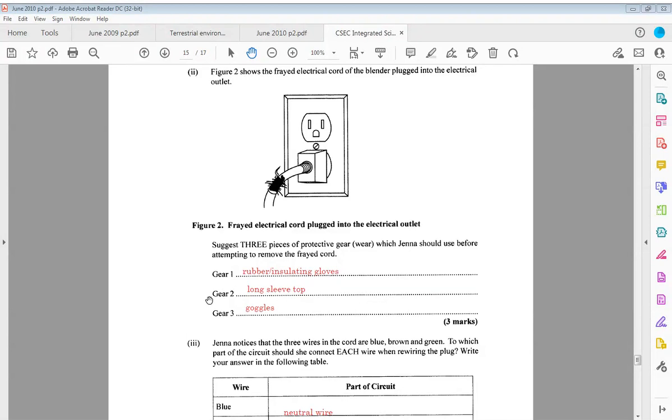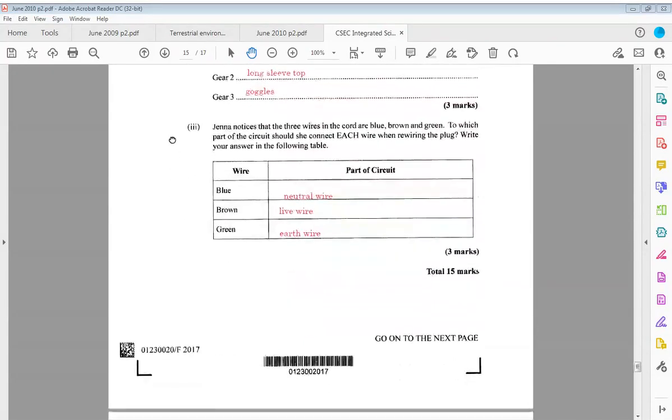And she could also wear long pants, right? The third thing I put, which I wasn't too sure about, but then I was thinking in terms of electricity, you want to protect your eyes, you want to protect your face. So she could wear some goggles here.